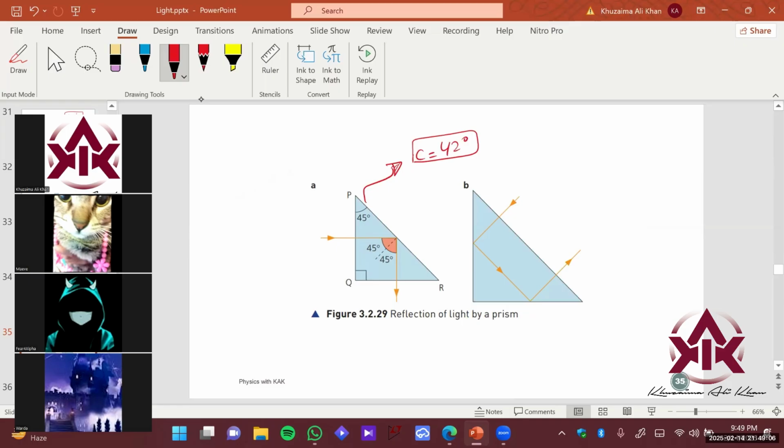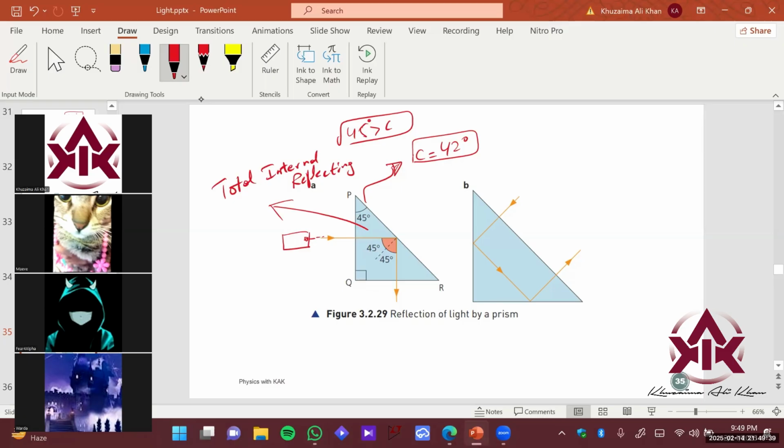So if you have a light laser source over here, and you hit the light ray at an angle of 45 degrees, it is going to cause what? Total internal reflection, right? That is, you are causing the light ray to be incident at an angle greater than the critical angle. So 45 is greater than the critical angle. Therefore, it is going to reflect all the light at an angle of 45 degrees inside the prism, right?